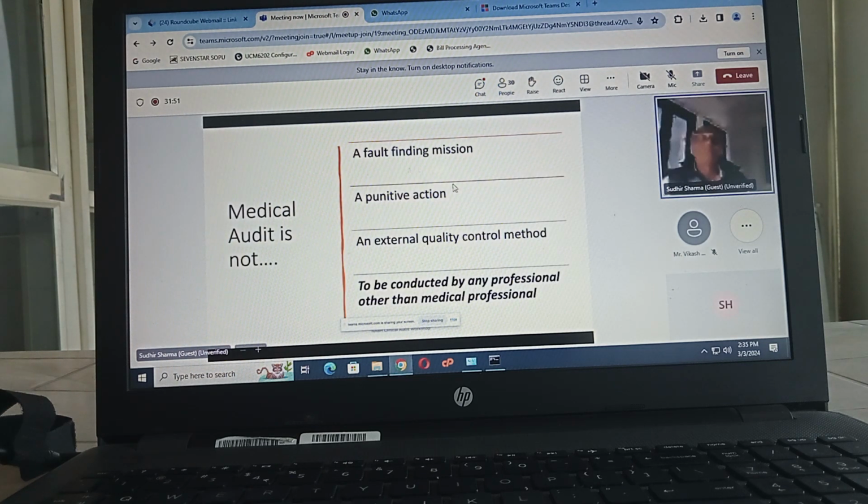Like all quality improvement processes, they are not fault finding missions, they are fact finding missions.